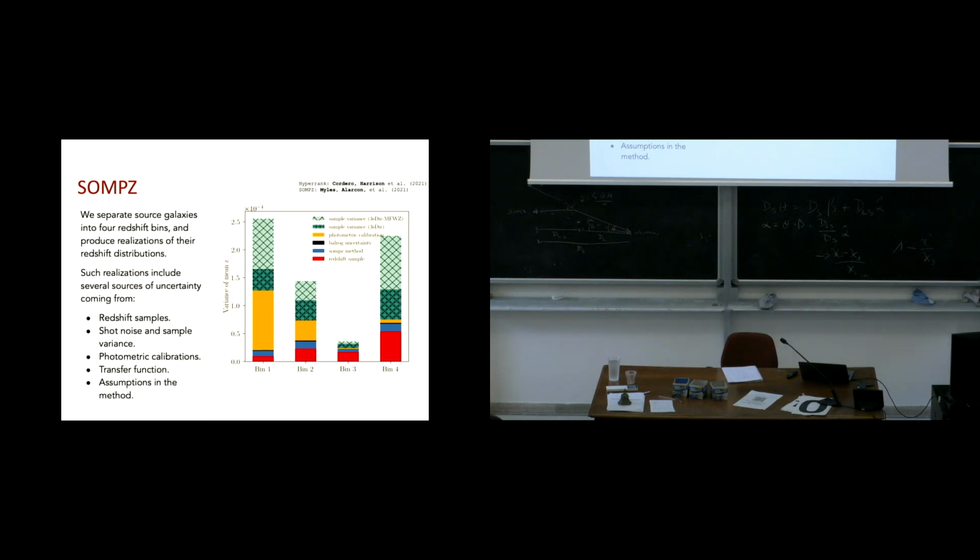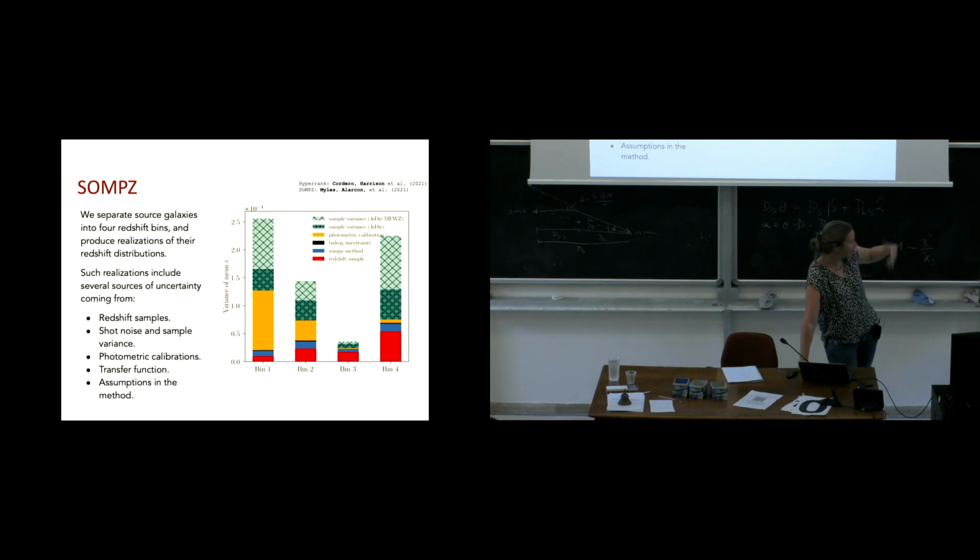So it turns out that currently these constraints are primarily dominated by sample variance. And then one of the next leading factors is photometric calibration. So that's clearly something useful to know for people working on future surveys, what I guess is in the top wish list based on the DES Y3 perspective for what to improve.